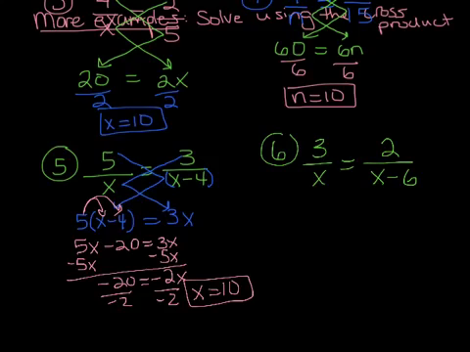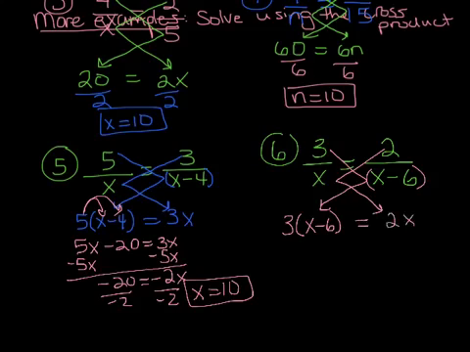So to do this one, first thing I would do would be to put my parentheses around the x minus 6. I'm going to go ahead and do 3 times the quantity x minus 6. And I'm also going to do 2 times x. Put my equal sign in the middle. Now I solve this using things that I've already learned. I distribute my 3.